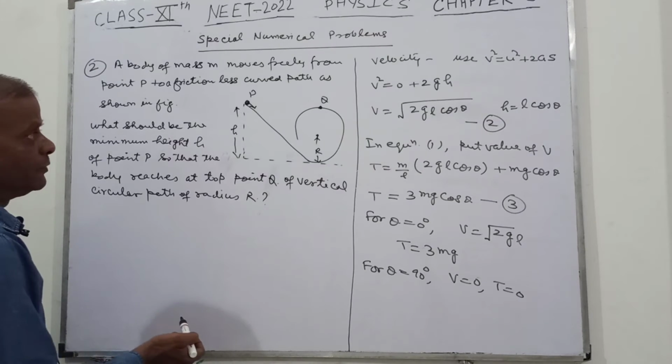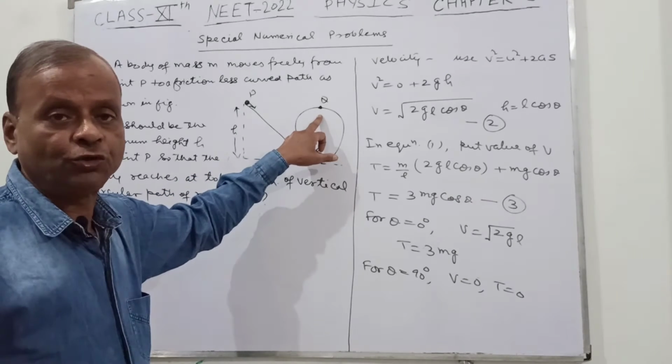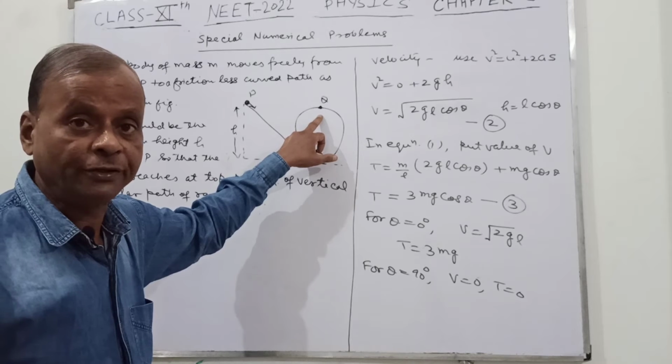Then just apply the law of conservation of energy, and we know that to reach the point Q, the minimum velocity must be square root of rg. This we know.